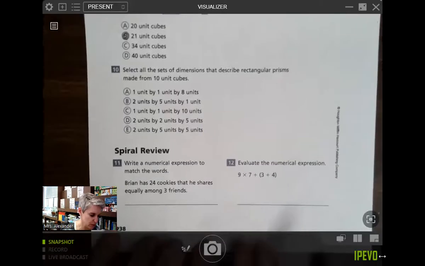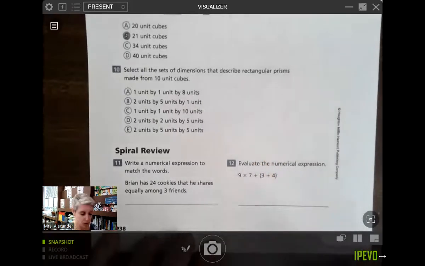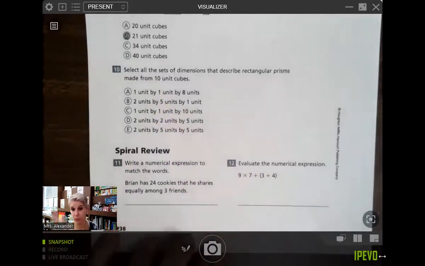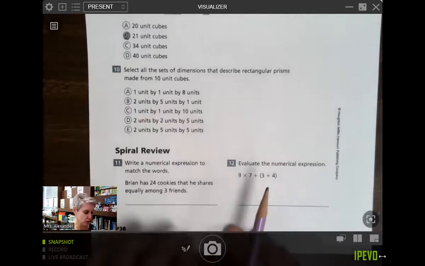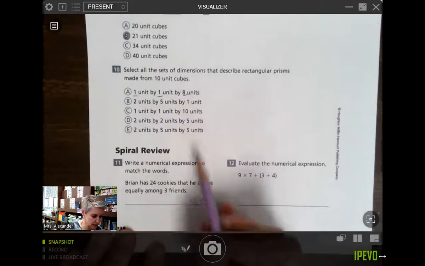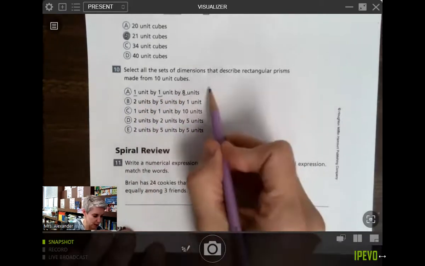Select all the sets of dimensions that describe rectangular prisms made from 10 unit cubes. We did this in class. We used 20 unit cubes and 18 unit cubes, and we all came up with a lot of different dimensions that could apply. So let's see which ones apply here. If we have 1 unit by 1 unit by 8 units, 1 times 1 times 8, that would be 8.